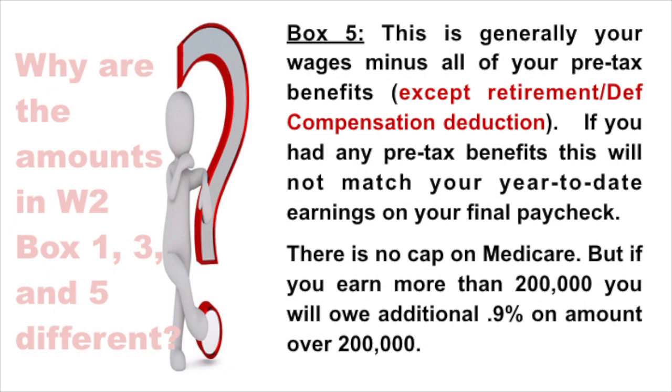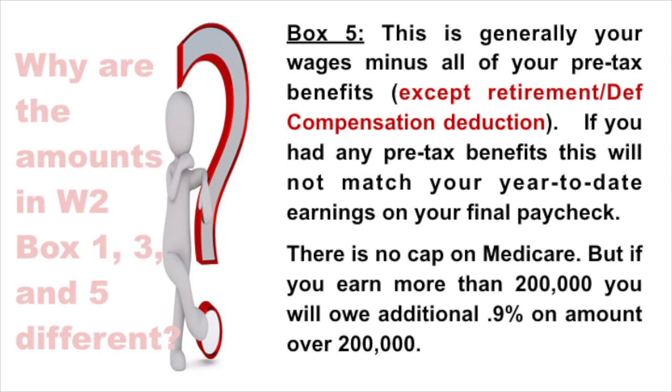You might be thinking that if the income is taxed for Social Security, it is also taxed for Medicare. They both are taxed for the same items. So why don't box 3 and 5 match? Well, now we know one reason, and that is that the Social Security wages are capped and there is no cap for Medicare.